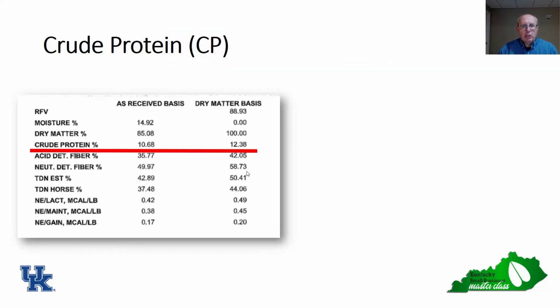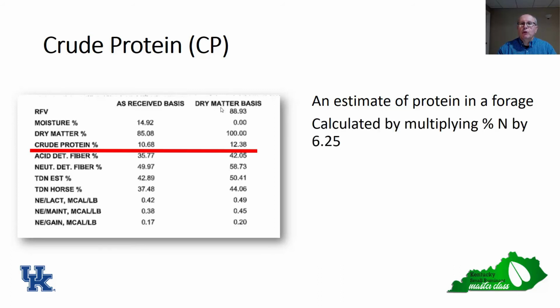So we've talked a little bit about protein and how that's intuitively understood, but let's look a little further. This particular sample is 12.38% crude protein on a dry matter basis. Crude protein is not an actual measure of real protein, but an estimate of protein in a forage. We calculate it by measuring nitrogen and multiplying by 6.25.